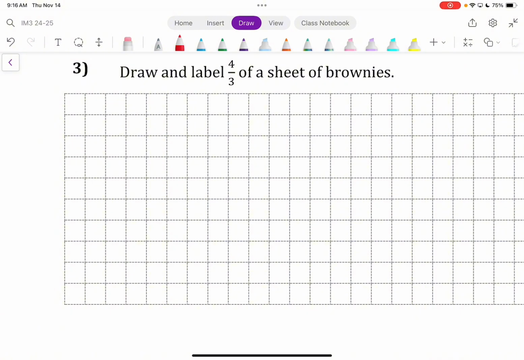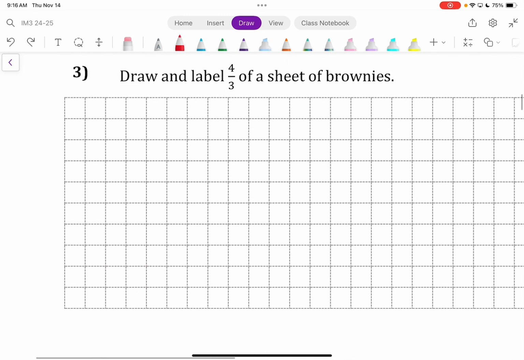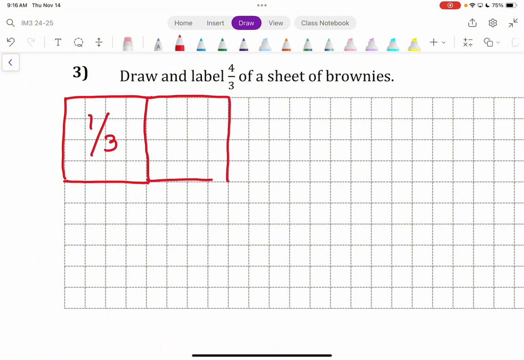So how would you represent that? Right, like this. So a 4 by 4. You do a 4 by 4. So this right here shows 1/3. This shows another third. This shows one more third.